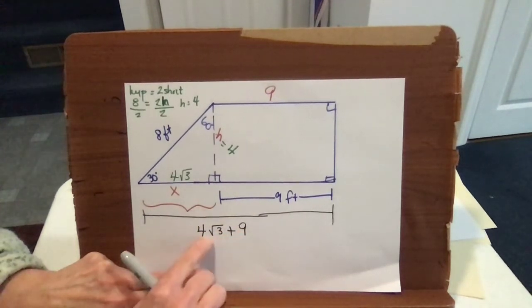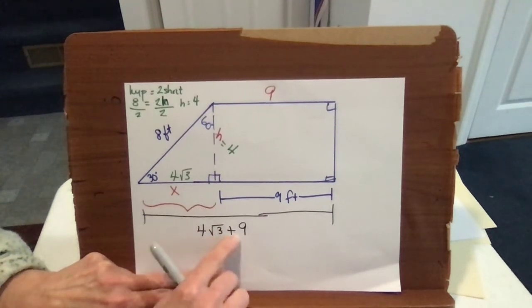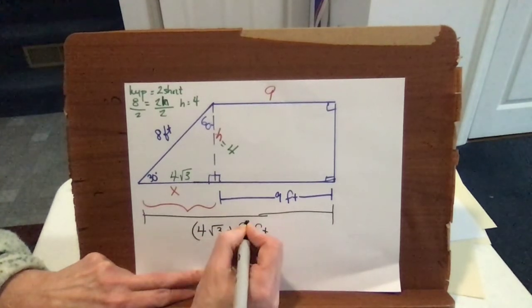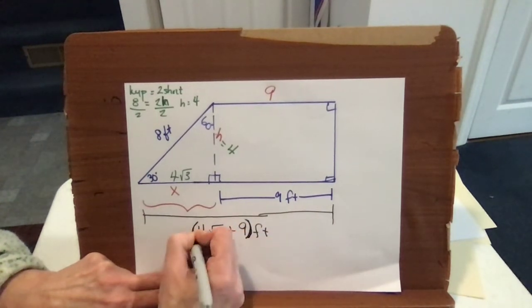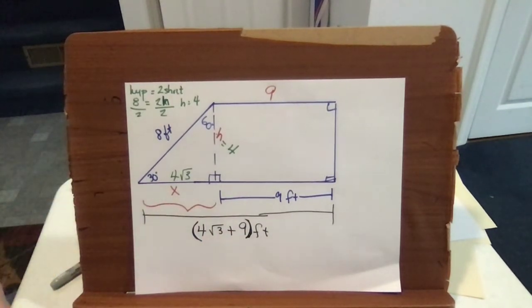Can't add these together because of the square root with this 4. So 4 root 3 plus 9 is the actual length, and this is in feet. And I usually enclose that in parentheses. That way I can differentiate that this whole thing together is the length.